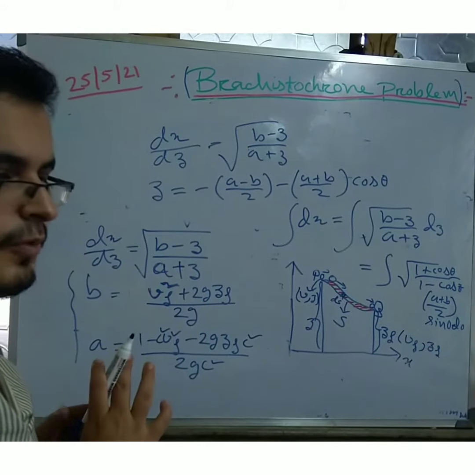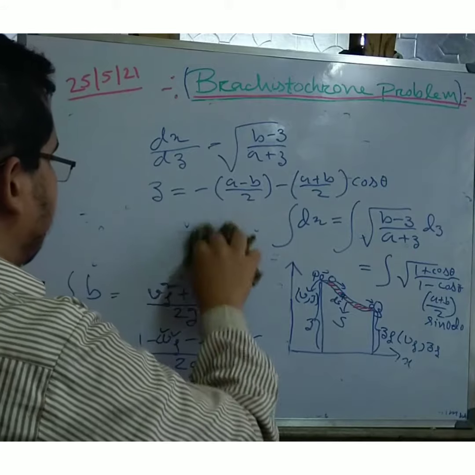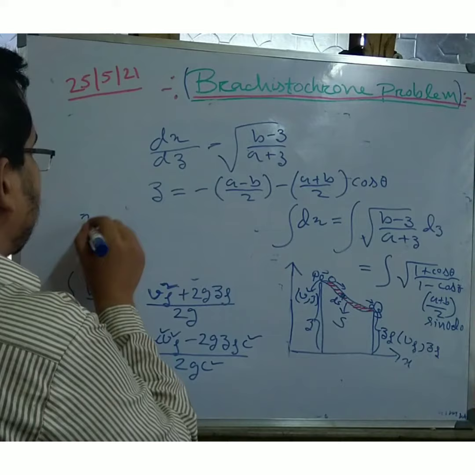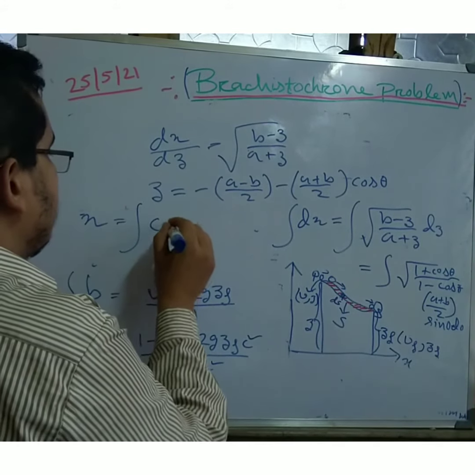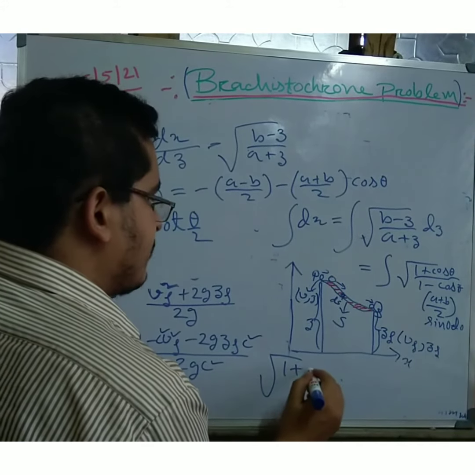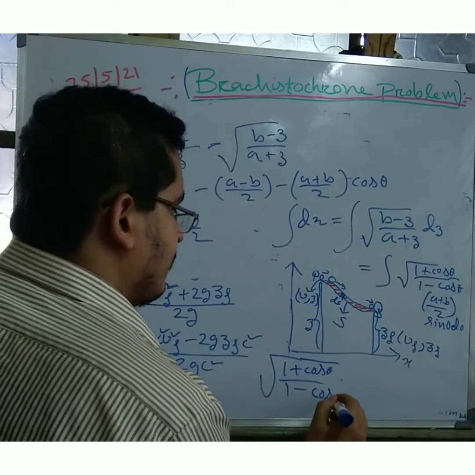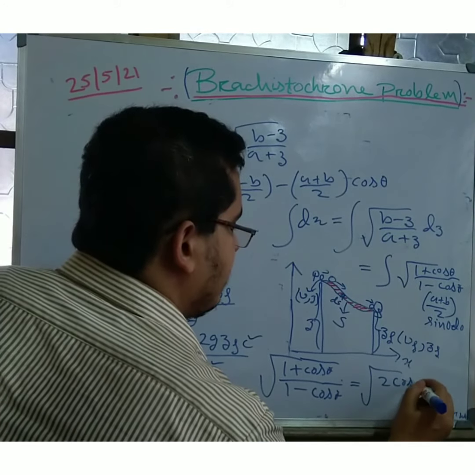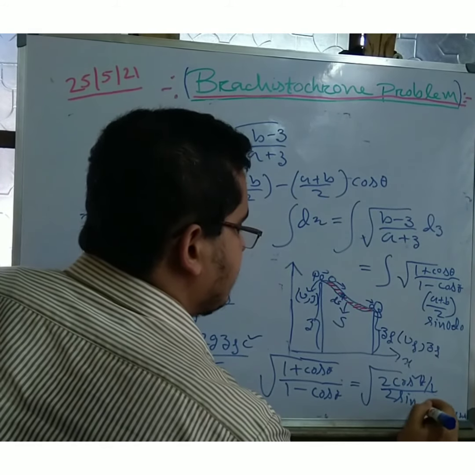So friends, this is the total formula, and after that I remove this question. Must remember b and a value, whatever I get, you will write everything, and after that x is equal to whatever I get, 1 minus cos theta, which means cot theta by 2, because root over 1 plus cos theta divided by 1 minus cos theta is equal to root over 2 cos square theta by 2 and 2 sin square theta by 2.